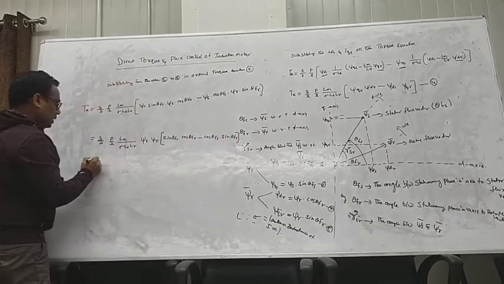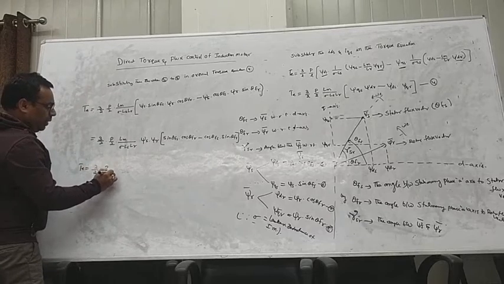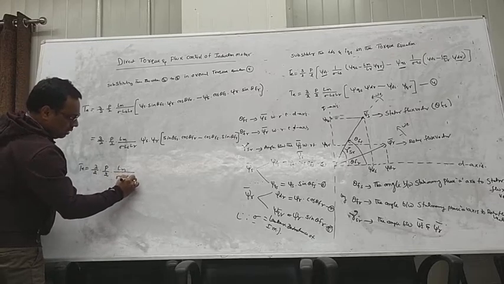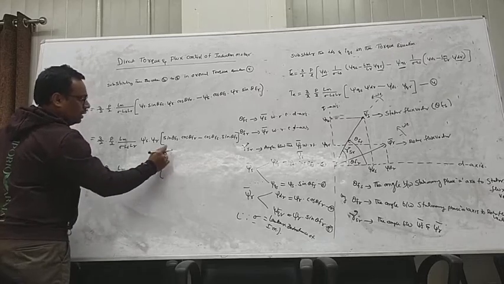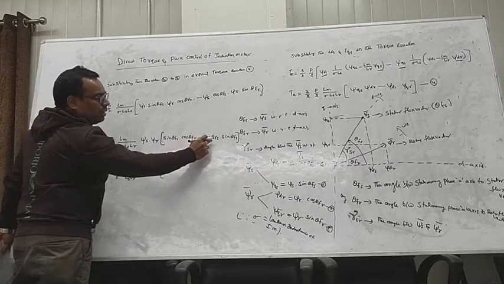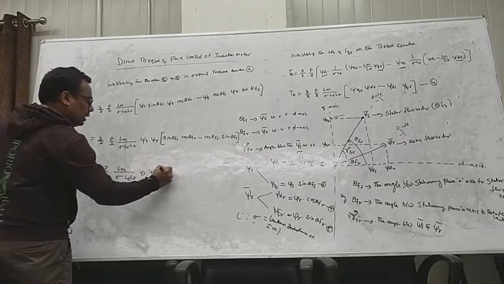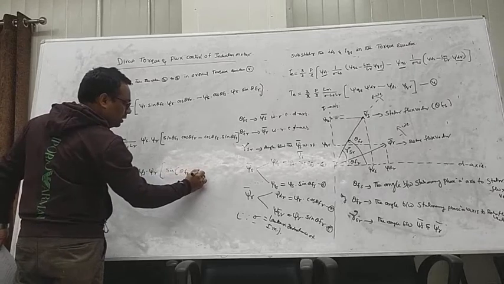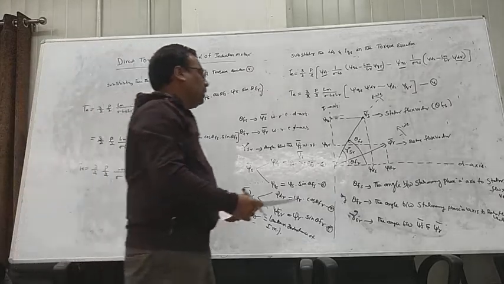So the torque equation is equal to 3 by 2 into P by 2 into Lm by leakage factor sigma Ls into Lr, stator flux vector into rotor flux vector, into sin theta Fs cos theta Fr minus cos theta Fs sin theta Fr. Then simply you can write this as sin of theta Fs minus theta Fr. So you see the difference.